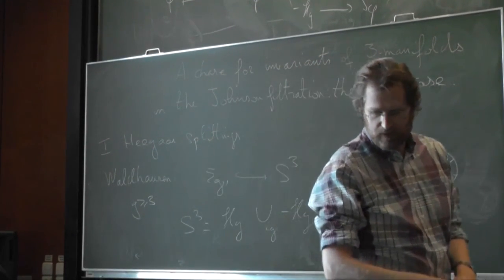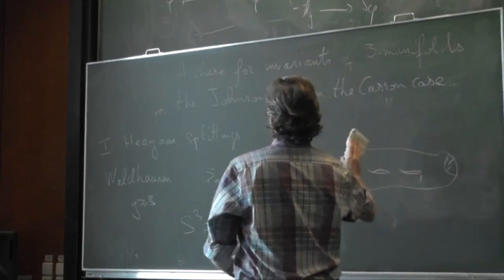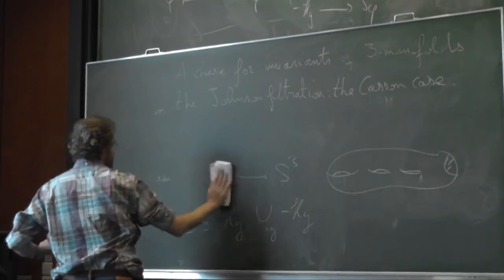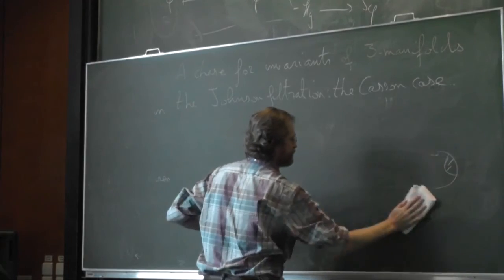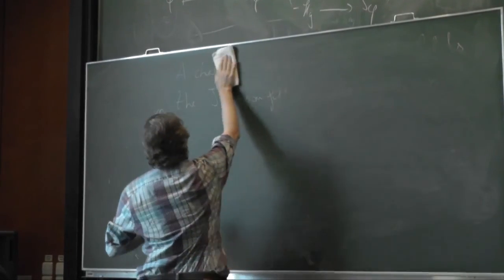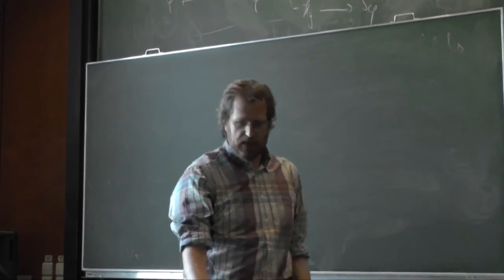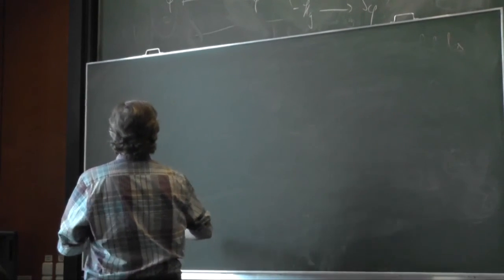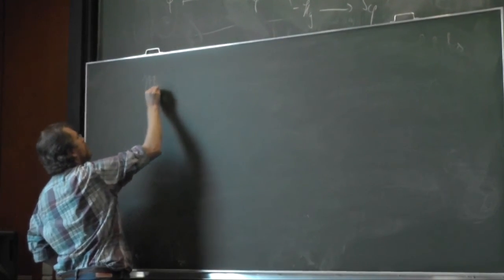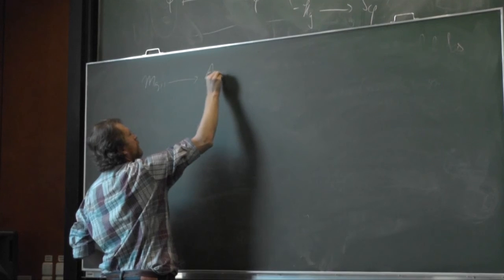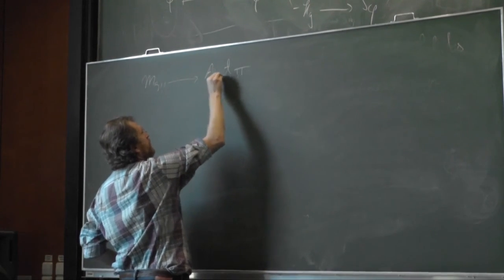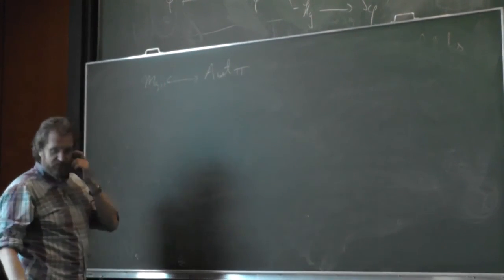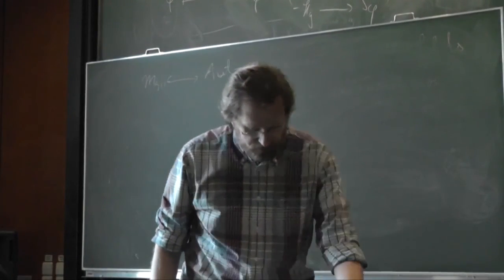Our second actor is the Johnson filtration. So we have our mapping class group. The mapping class group acts on the fundamental group of our surface. M1 goes down to Aut(pi). This is injective, and this is very complicated because a free group is complicated.